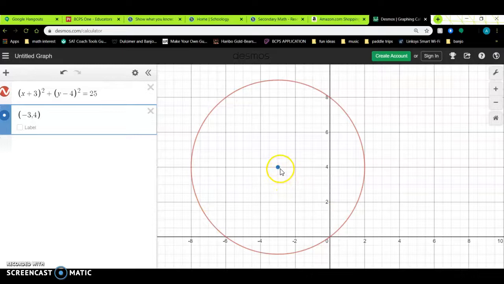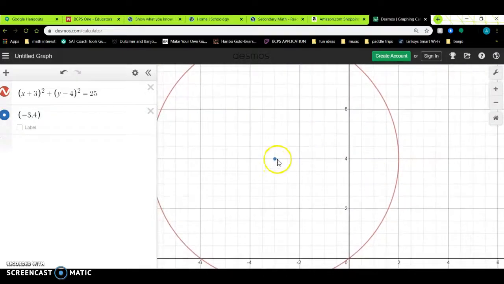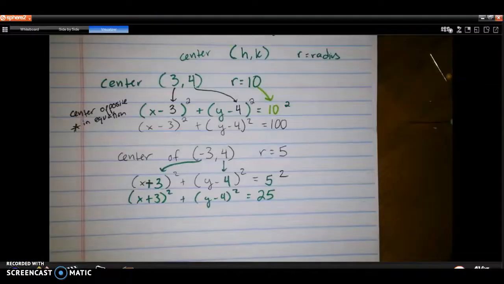Our radius is 1, 2, 3, 4, 5. We have a radius of 5 here. Very, very helpful for us. So you can see when I went to type in our equation, it gave us a center of -3, 4 and a radius of 5.